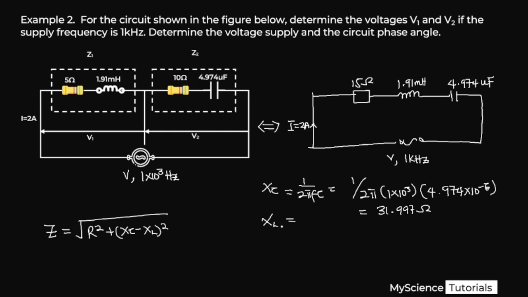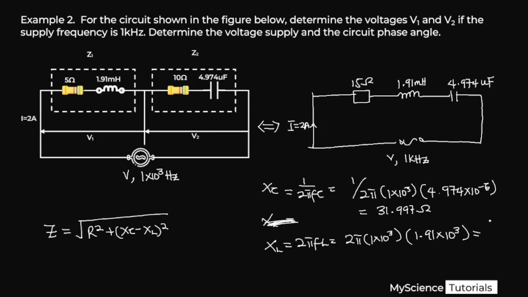Now for our inductive reactance, the formula is XL equals 2 pi FL. That will be equal to 2 pi multiplied by the frequency. Our frequency over here is still 1000, so 10 to the power 3, multiplied by our inductor, which is 1.91 times 10 raised to the power of 3.